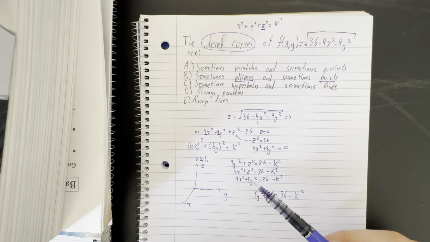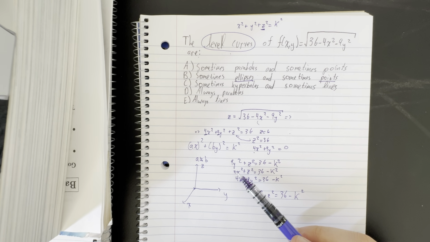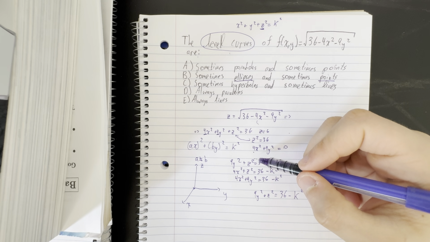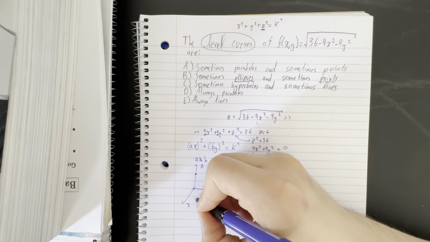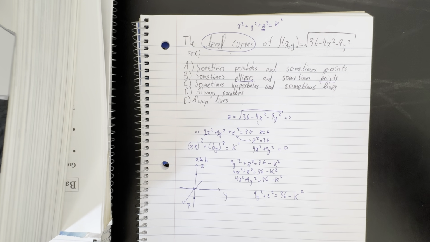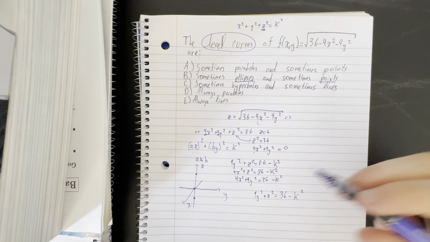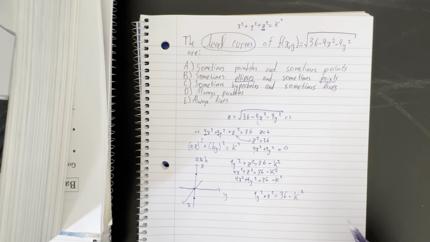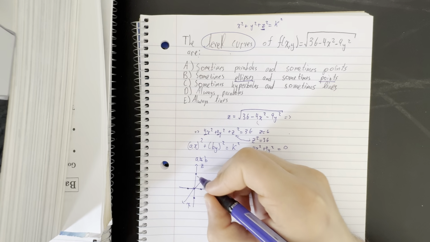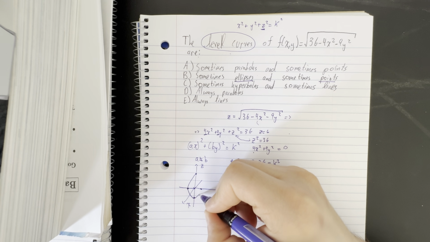So when this is 0, you just have an ellipse that's going to intercept z equals 6 plus or minus 6, something like that. And then for when z is 0, you're going to have y squared equals 36 over 9. Root that, it's going to be 6 over 3, so 2. So something like that. And you have this.